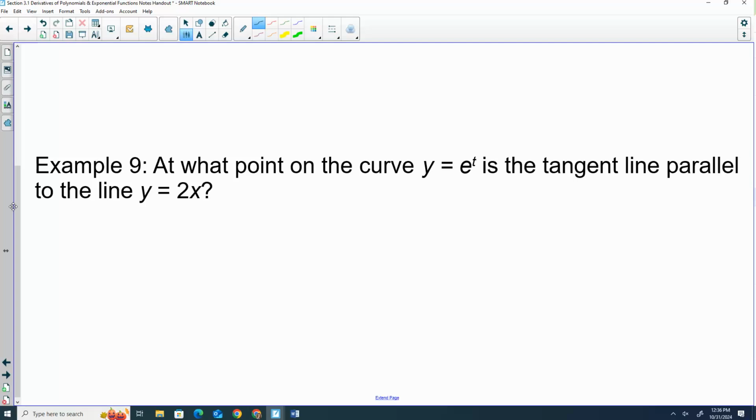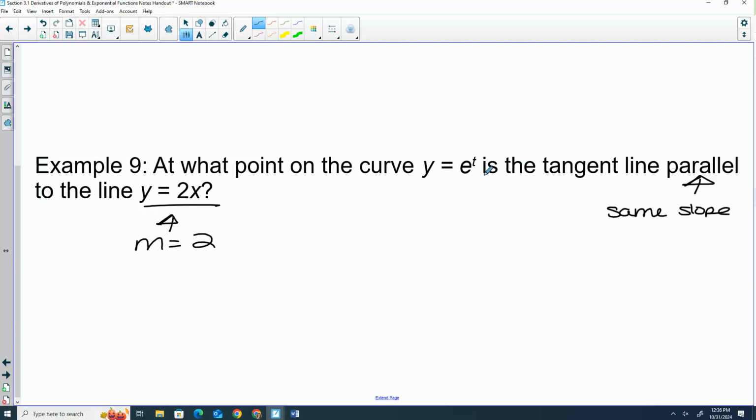Okay, so using that, at what point on the curve y equals e to the t is the tangent line parallel to the line y equals 2x? Parallel means same slope. If my line is y equals 2x, what's my slope? 2.